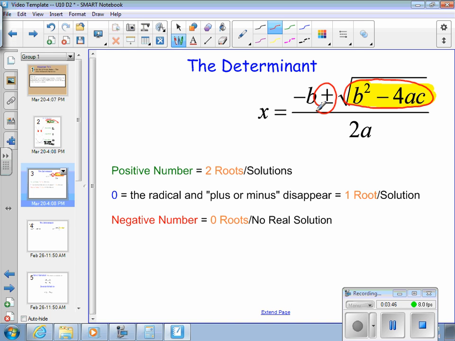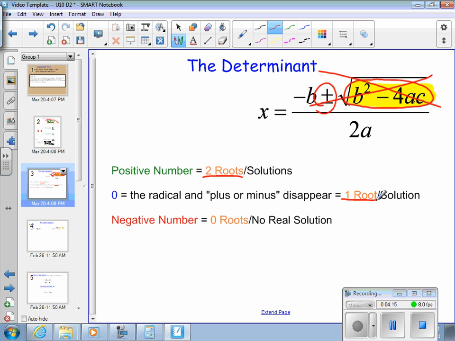That's the reason that we get 2 roots if we have a positive number under the radical. If we have a 0 under the radical, on the other hand, the whole thing disappears from the equation. We end up with no radical, and therefore no plus or minus. And so we only get 1 root.